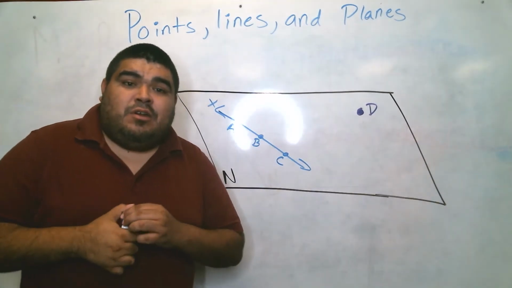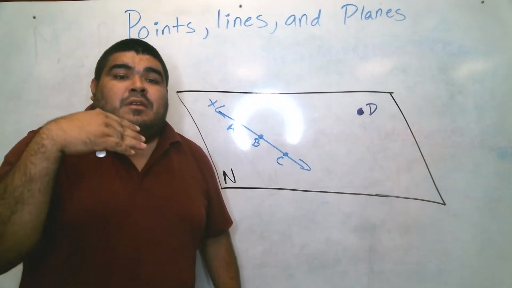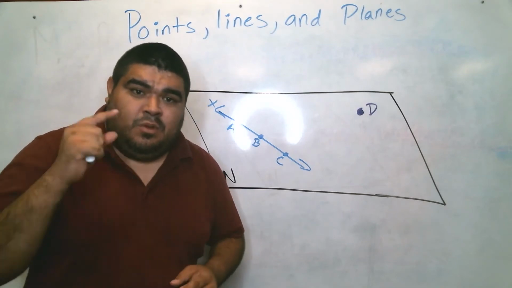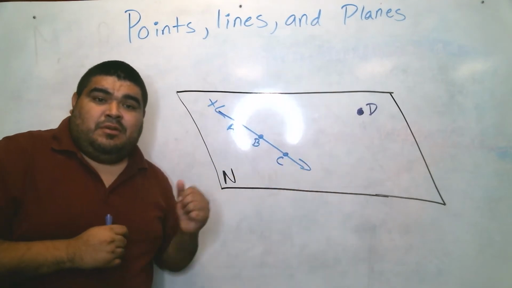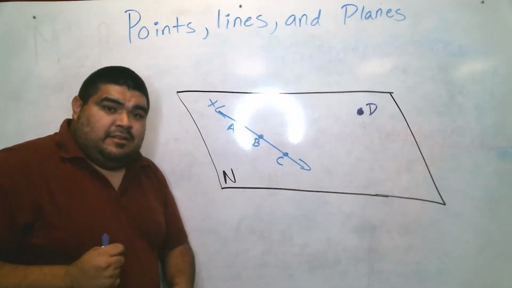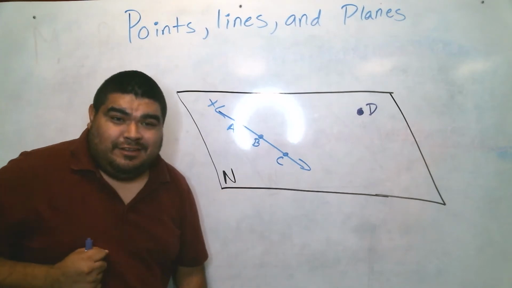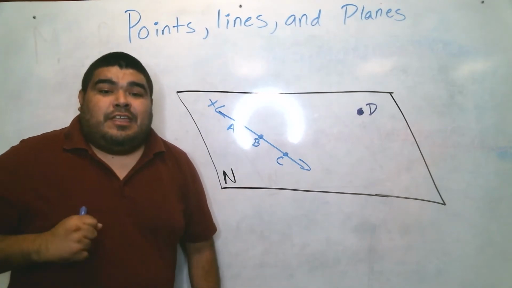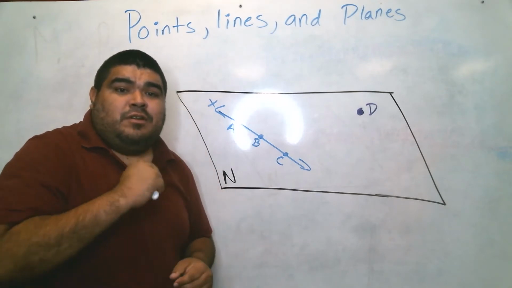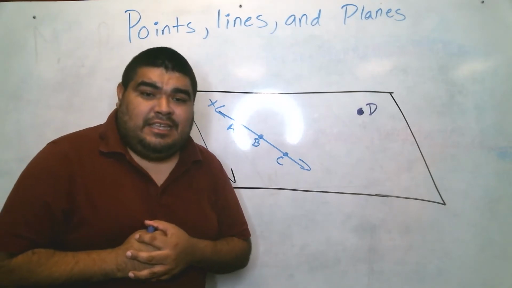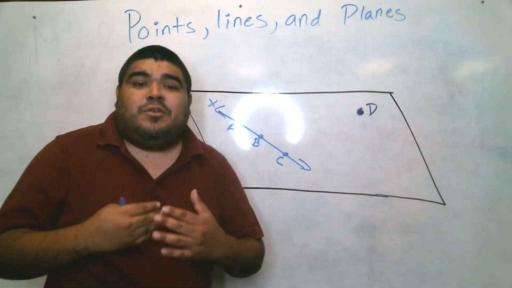Now that we have all of our elements on this plane, if I were to ask you, what is the name of the plane we see up here? Notice that the name of the plane is usually on the corner. It's called N. All right. So if I were to say another name for points A, B, and C, it would be line X, because remember, they're all together.